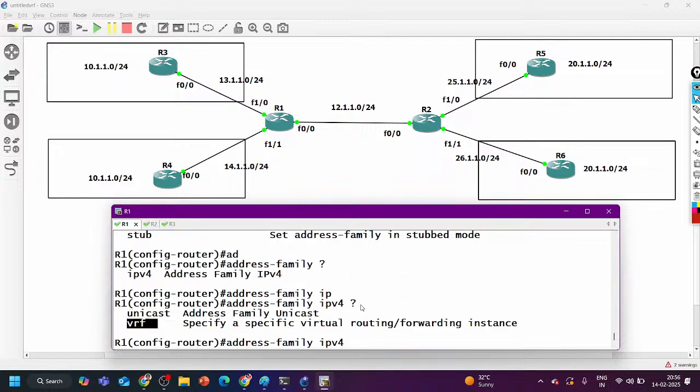So what is address family? If someone asks you what is address family, what will be your answer? Address family refers to the networking protocol. It can be IPv4, it can be IPv6, it can be VPNv4, which you will learn later.